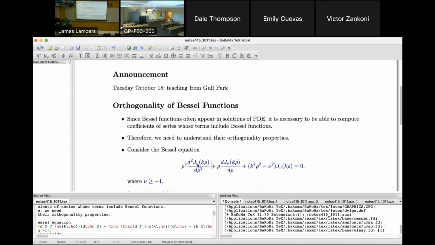Notice the order of a Bessel function is the Greek letter nu. Nu is not assumed to be an integer, but it is assumed to be greater than or equal to -1. What this equation is saying is that J nu of k rho is a solution of this ODE, which is the Bessel equation.